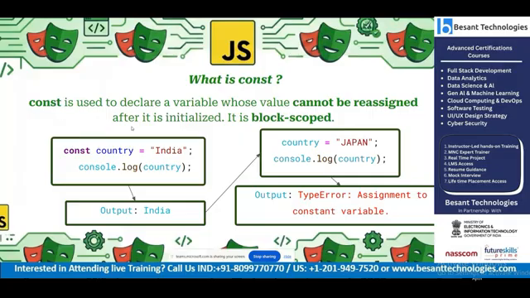When hackers or someone wants to update the authentication key in the middle, it won't allow it. For example, as you see here, I'm giving const country equal to India and it returns India. Then I'm trying to update the same value to Japan, but it shows assignment to const variable is an error. It's a type error.